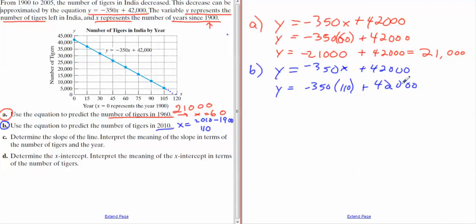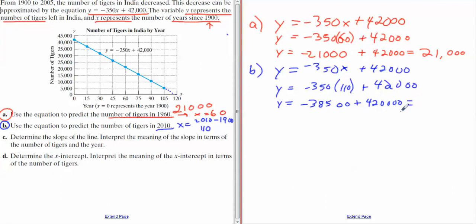So y equals negative 350 times 110 plus 42,000. Negative 350 times 110: there's a 0, there's a 0, there's 3, 8, and 5. Ask me how I got that 385 there, and I'll tell you.